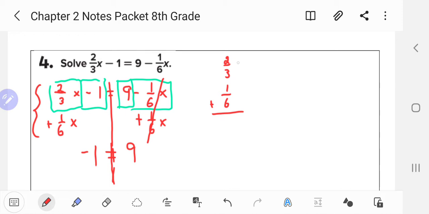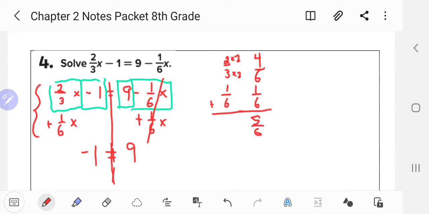I need common denominators when I'm adding or subtracting fractions. So I'm going to find the common denominator of 6. So I have to multiply the top and bottom of the 2/3 by 2 and get 4/6 and 1/6. And then I add those and I get 5/6.